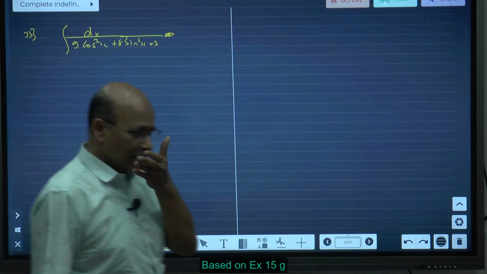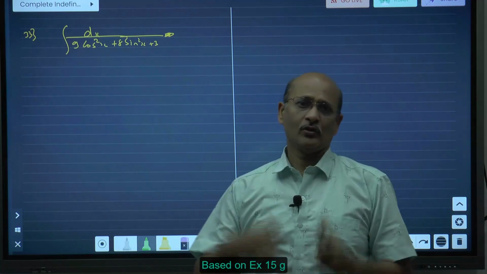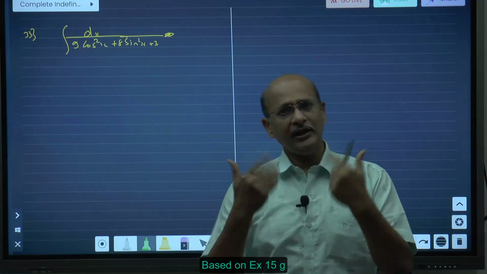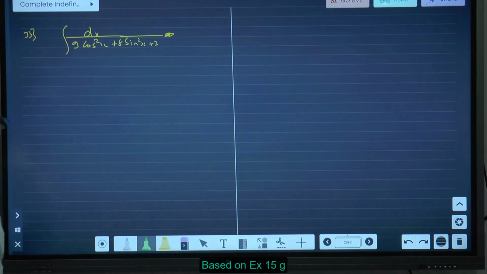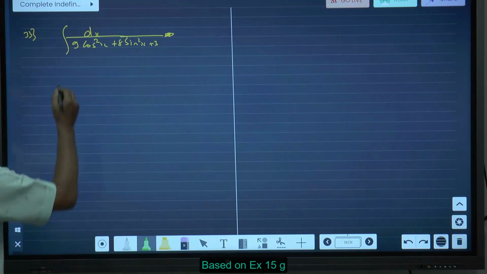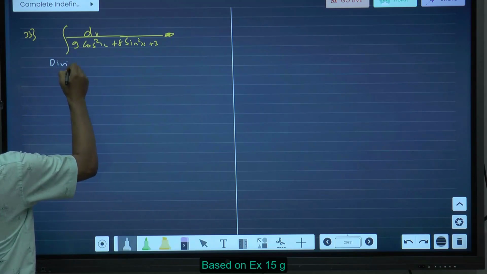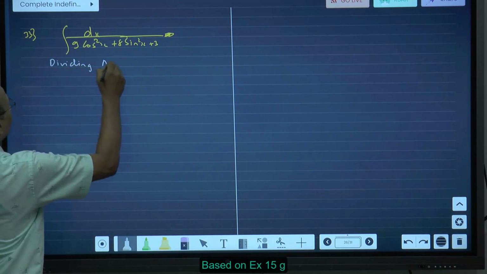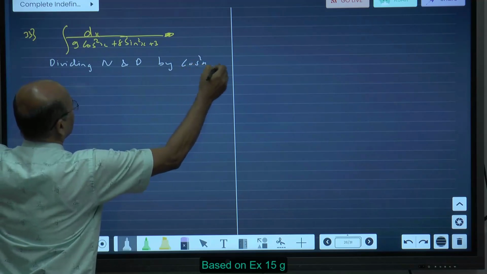So in such a case, whenever you see cos square, sine square, divide the numerator and denominator by cos square x or sine square, but cos square is always preferred and understandable. So let us do that, dividing numerator and denominator by cos square x.